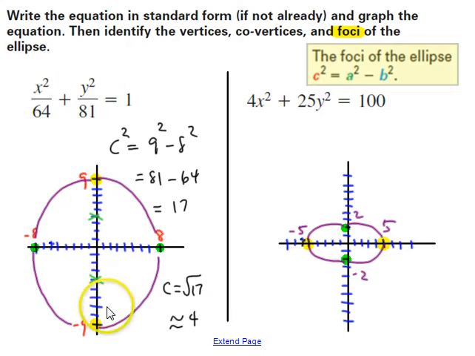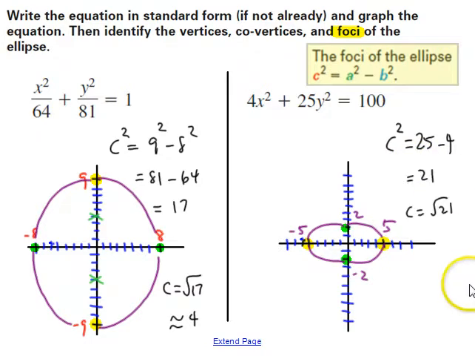Notice that the toothpicks, or the focuses, have to be along the longer of the 2 axes, the major axis. The major axis in the example on the right is horizontal. Again, c squared equals a squared minus b squared. Working that out, you're going to find that c is the square root of 21, and that's somewhere around 4.5.